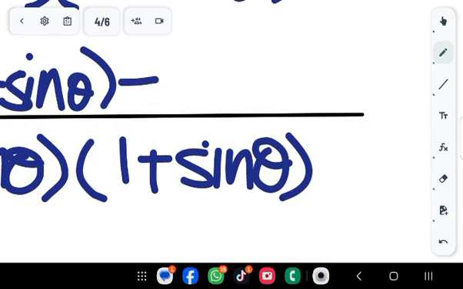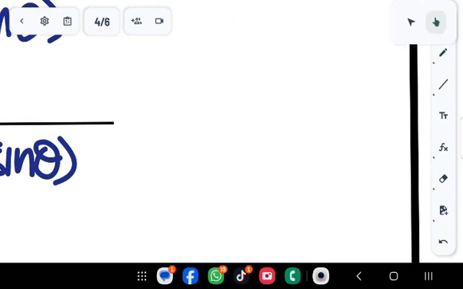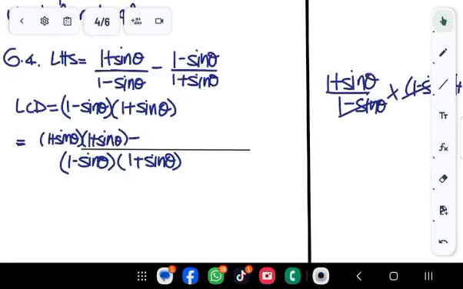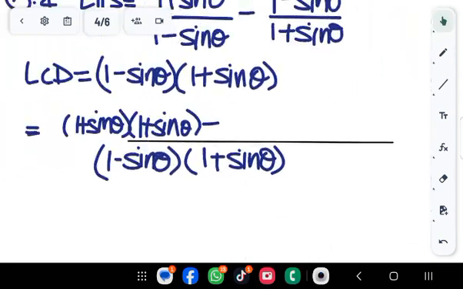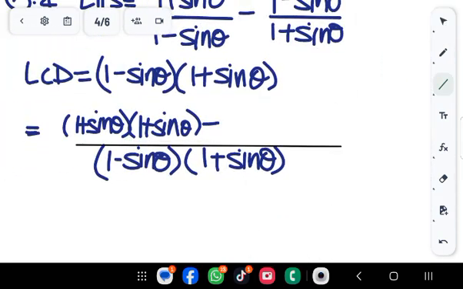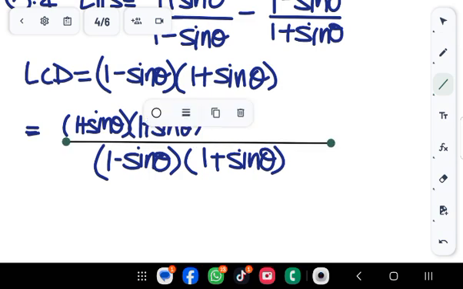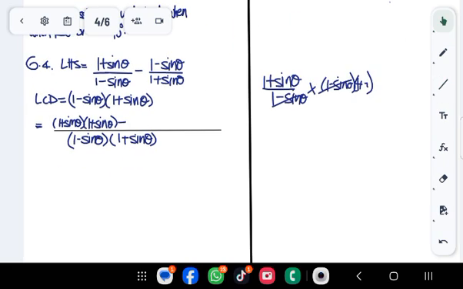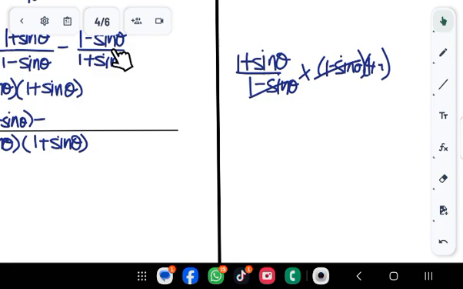Minus, okay, let's extend this, minus. Now we multiply this fraction by the LCD.